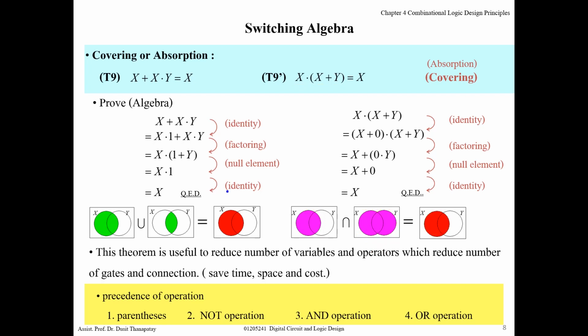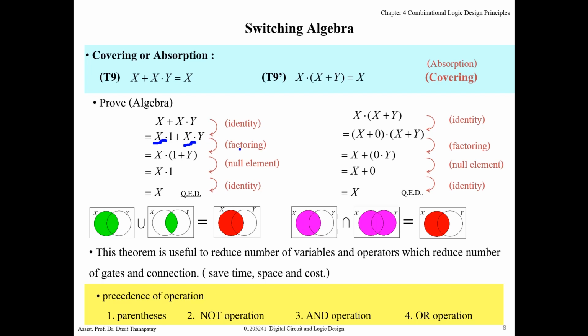If you prove by switching algebra, you can do something like this. X plus x and y. Based on identity, namely x and 1 equal to x, then x and 1, same.